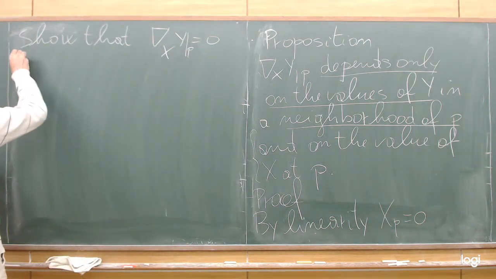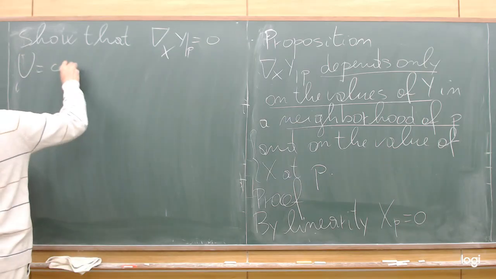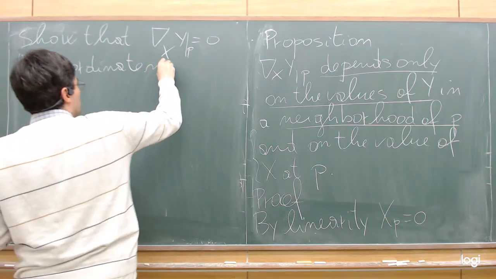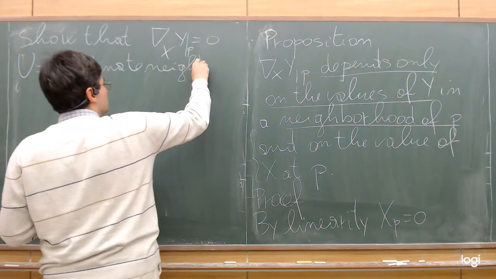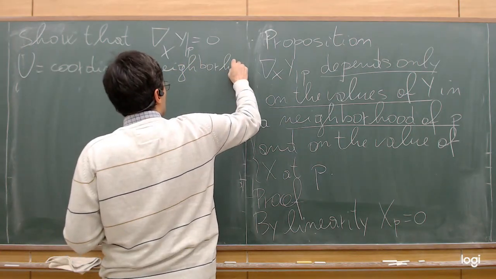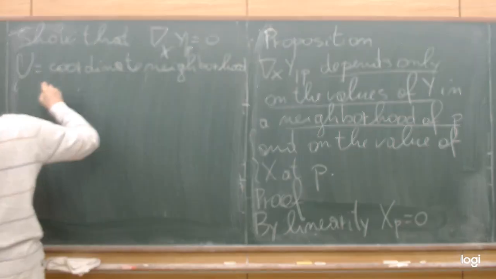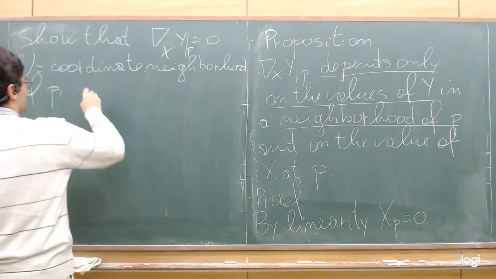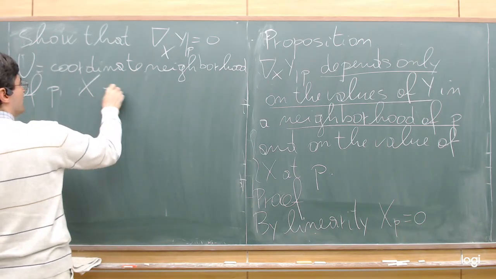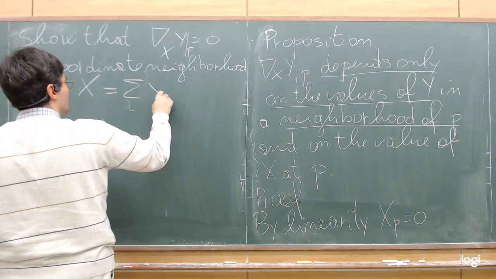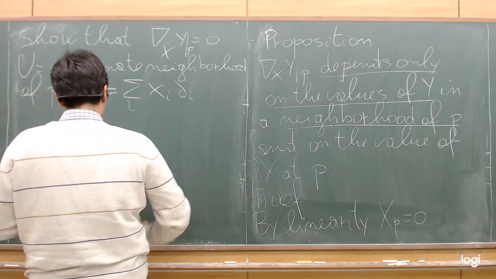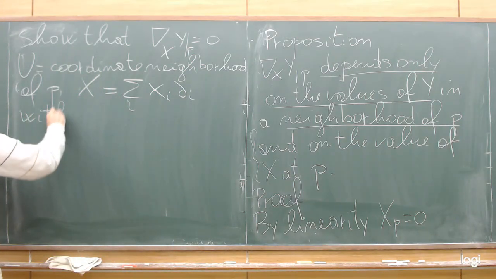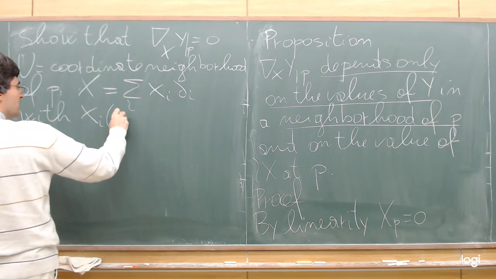Okay, so suppose that U is a coordinate neighborhood of P, and this allows us to write x as a sum over i of x^i d_i with x^i at P equals 0.